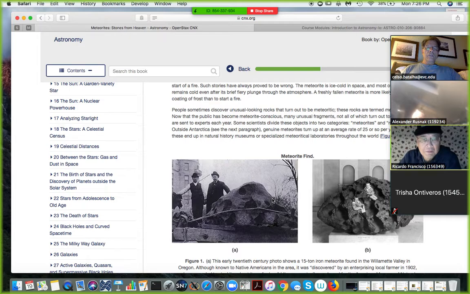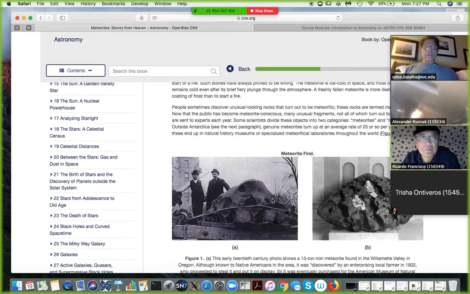And the stony type of meteorite are a little bit more demanding to find, because you have to, first of all, know where to look for them. And you cannot use a metal detector to find them. And as you locate them, you have to be able to differentiate them from some of our Earth rocks. They're probably subjected to some erosion, so you have to be able to distinguish those two.